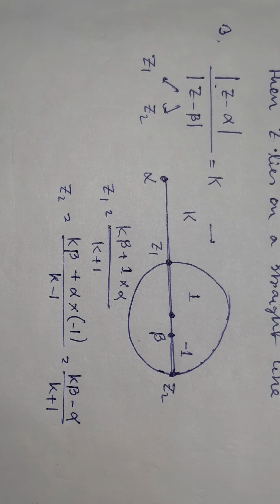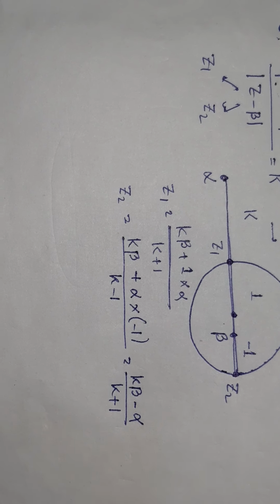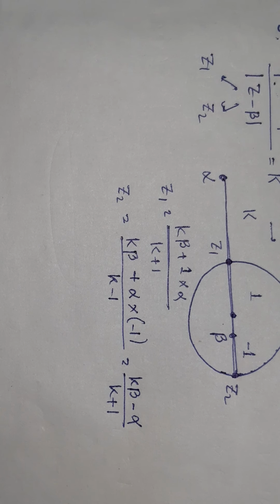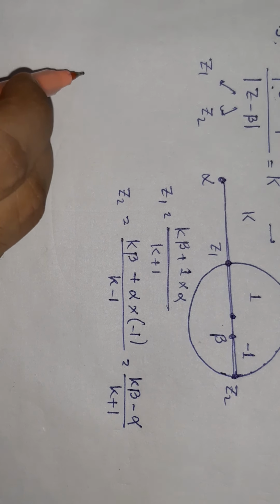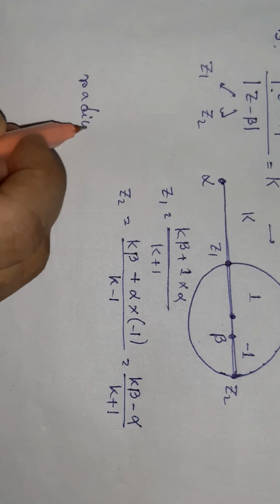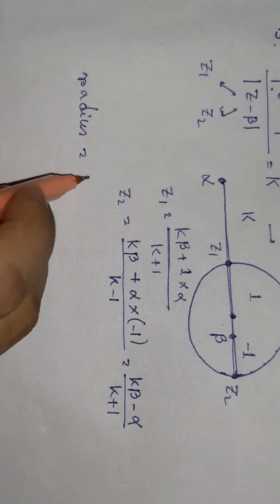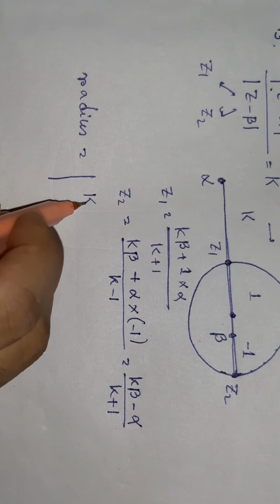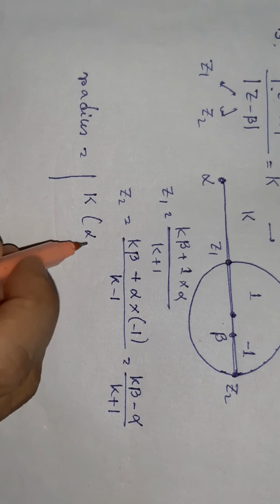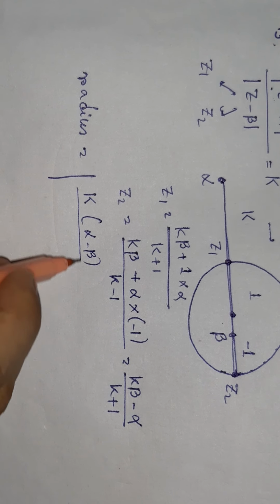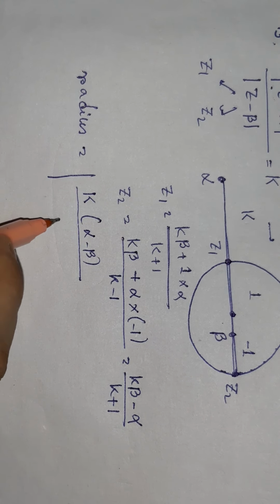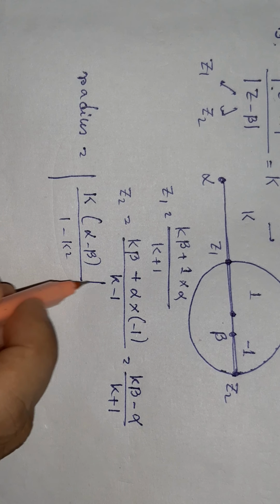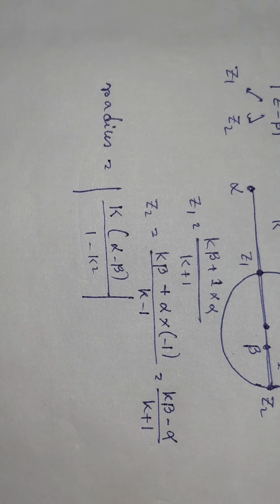So what is the radius of the circle of this equation, modulus of z minus alpha divided by modulus of z minus beta equals k? The radius of the circle is given directly by the formula k into modulus of alpha minus beta divided by 1 minus k squared.